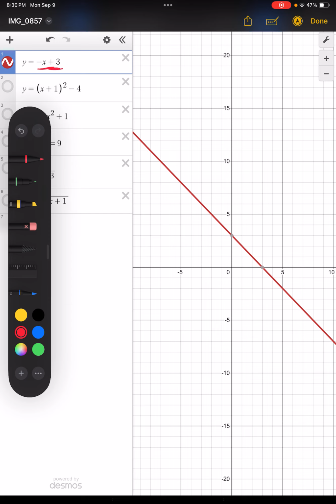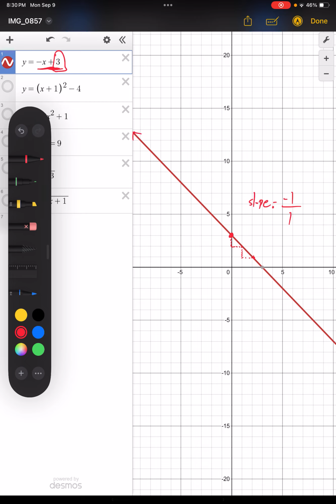As you can see, the y-intercept is plus 3, and we have a slope of minus 1 over 1. So the rise is -1 and the run is 1, and that's how it's drawn.